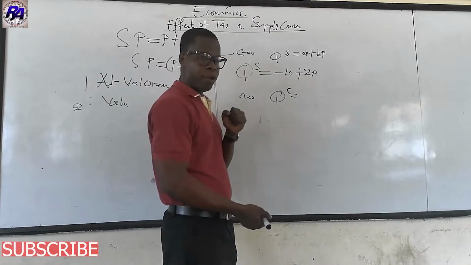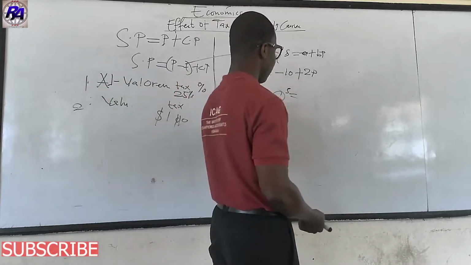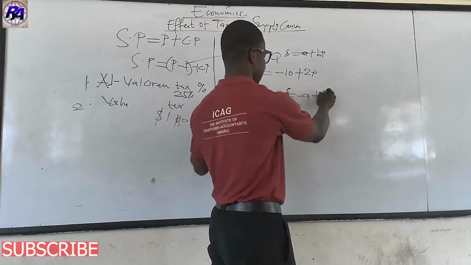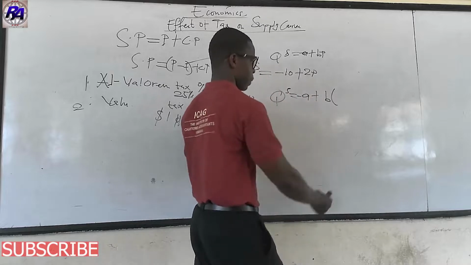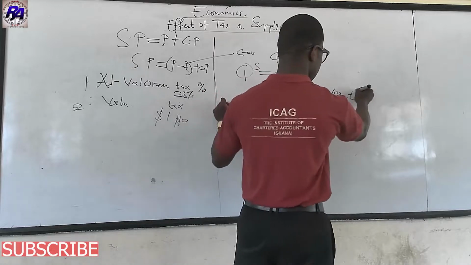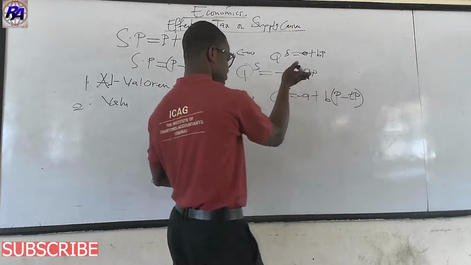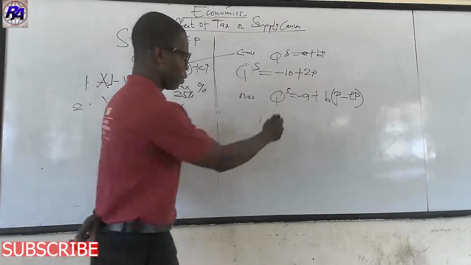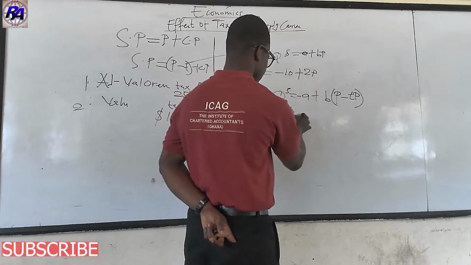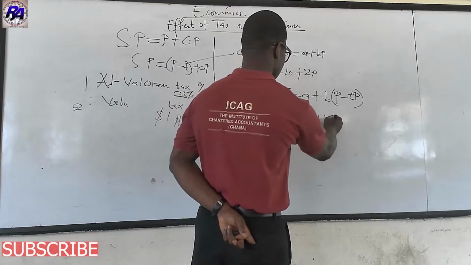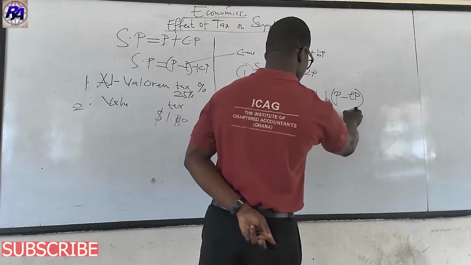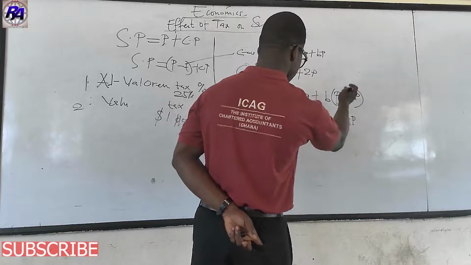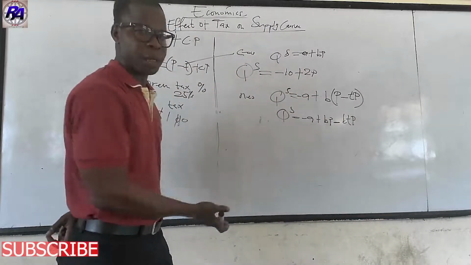So if it is an ad valorem tax, then our quantity supplied is going to be negative A, which is the intercept, plus B all into brackets, P minus TP. This is when we are dealing with an ad valorem tax. Then we are supposed to expand the bracket. We are going to have negative A plus BP minus BTP.